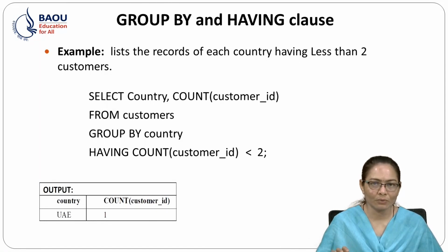With the group by clause alone, all the country records are displayed, that is 3 records. But with the having clause, the group by result is filtered and only those records are displayed for countries having fewer than 2 customers, that is only a single record.